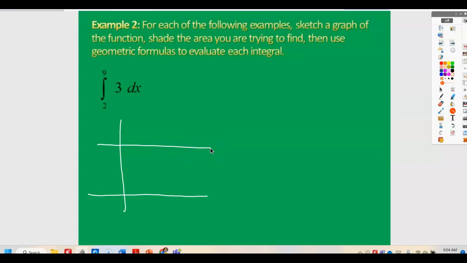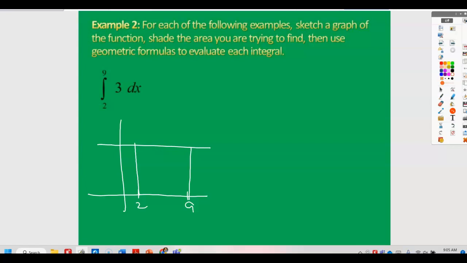We are integrating from 2 to 9. So if you're finding the area under the curve and integrating from 2 to 9, what shape should I create?